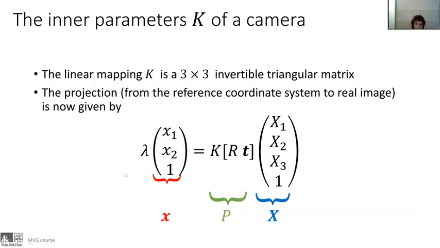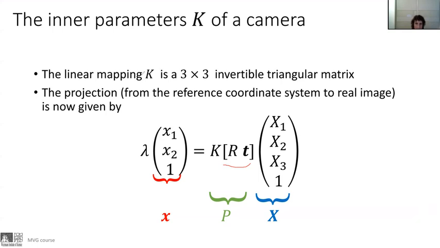To recap, we have a 3D point in world coordinates denoted by x1, x2, and x3, and we add 1 in order to write it in block formulation. This is the camera matrix that you are familiar with so far.